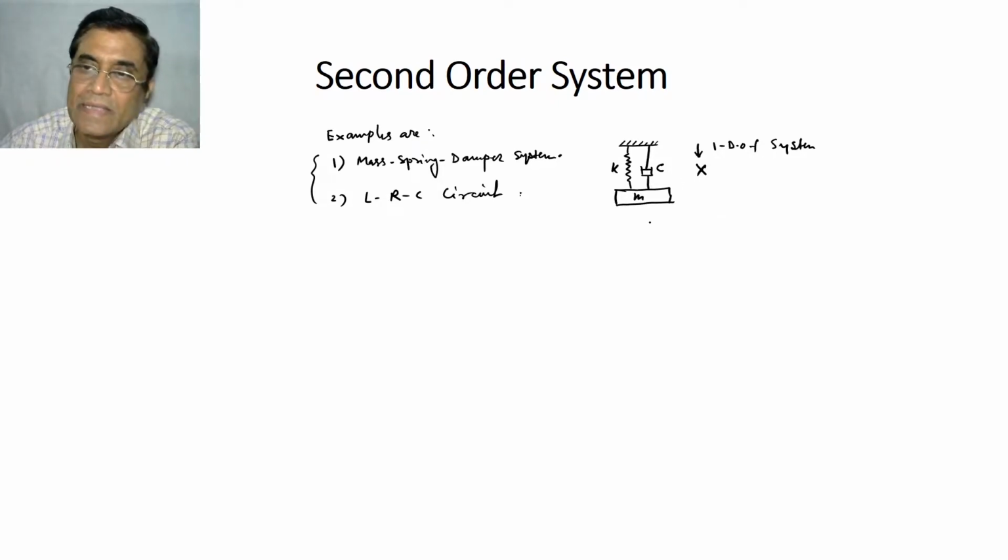Now let us see how I can formulate the dynamic equation of this system. There are so many ways, and basics. This is what we call a spring constant, right?